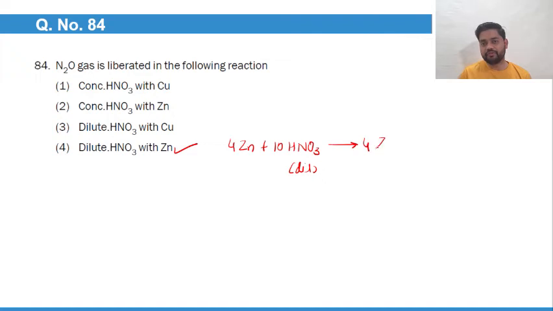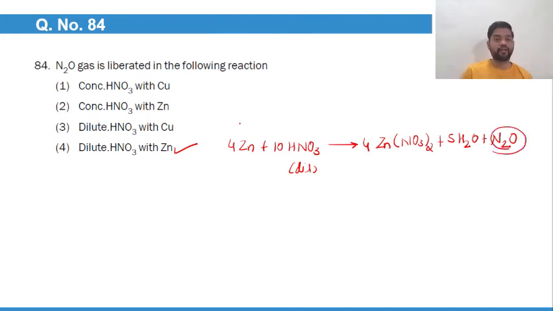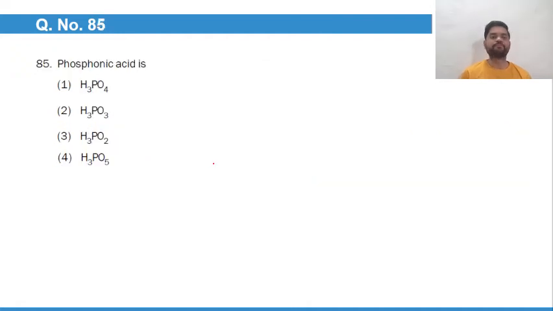It will give you 4 moles of zinc nitrate solution plus water plus N2O. So N2O gas has been formed. So option number 4 is the right answer.